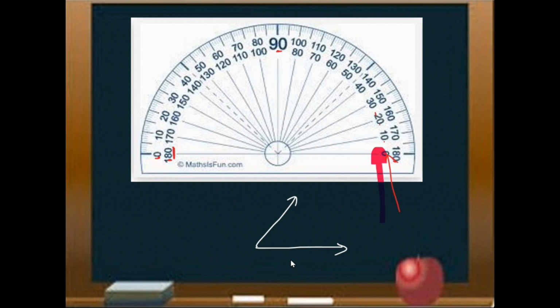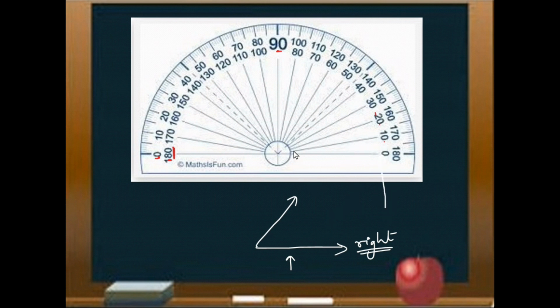Now the base of this angle, that means this ray, is pointing towards the right side. When the base of the angle is pointing towards the right side, we are going to use the 0 which is on the right hand side. That means this 0 we are going to use.